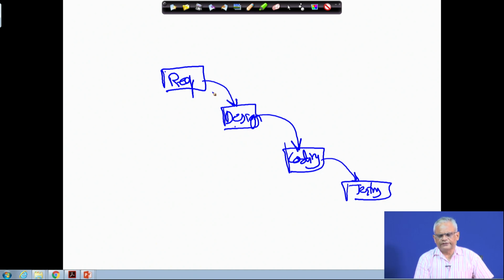So, in verification we try to verify whether the output of one phase corresponds to the output of the previous phase, and it helps us to reduce the cost of error correction. On the other hand, in validation we take the completely built software and test that against the requirements.